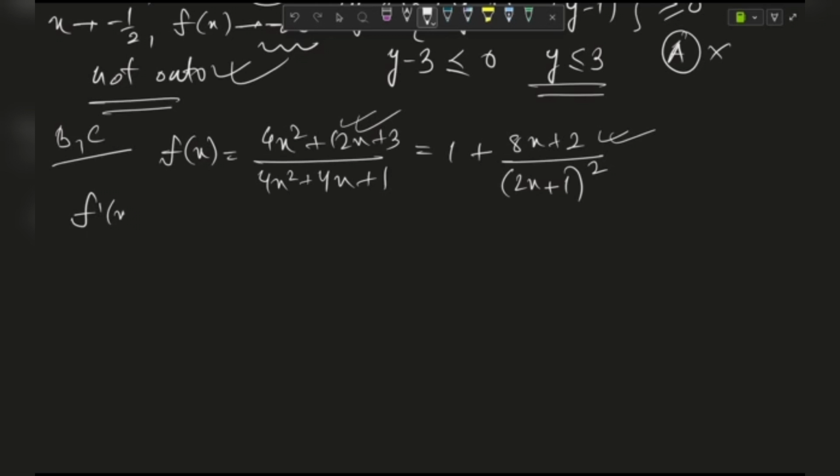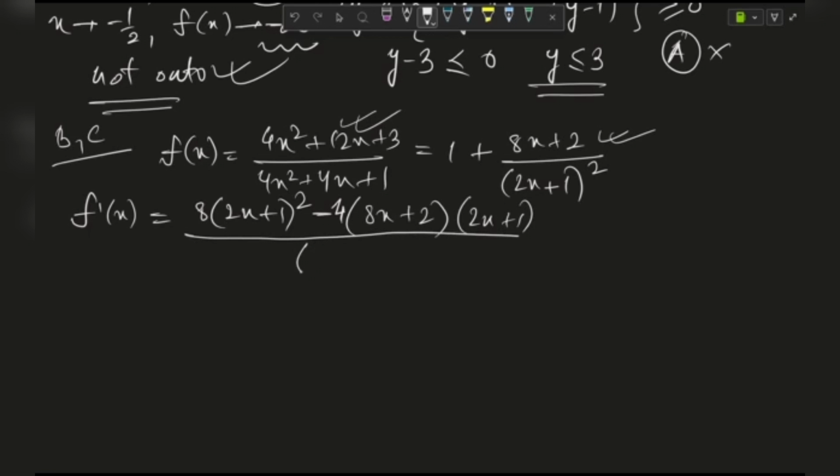F dash x. This will now basically become, if we differentiate this first part, 8 times (2x plus 1) whole squared minus (8x plus 2) multiplied by, there will be a 2 and 2x plus 1, and basically this 2 will come, and also if we differentiate 2x plus 1 there will be another 2, so this is 4 in total, divided by (2x plus 1) whole square was there, but now it is again squared, so power 4.